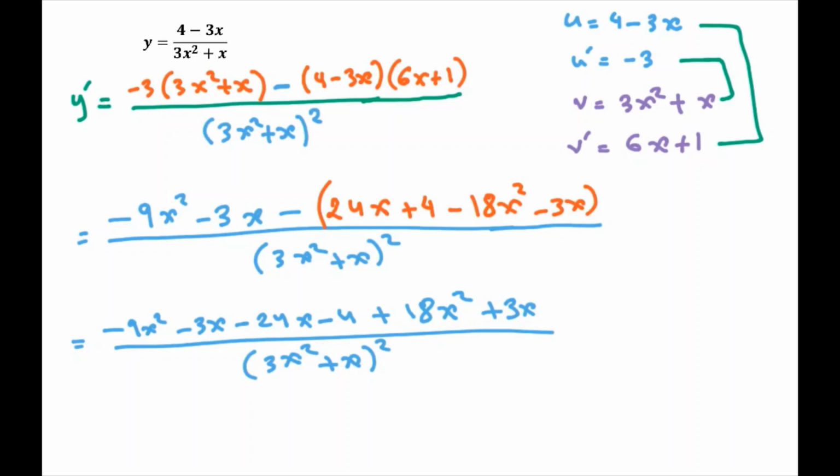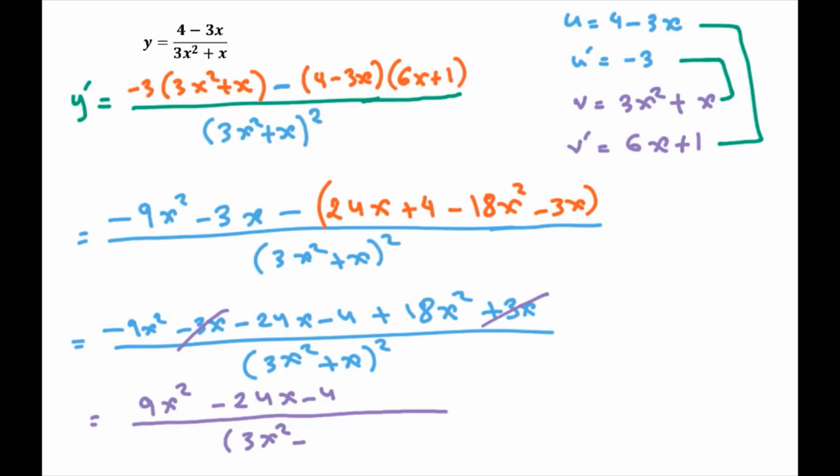Okay, now you try to collect the like terms. These two will cross out each other. So the answer will be 9x squared minus 24x minus 4 over 3x squared plus x, all squared.